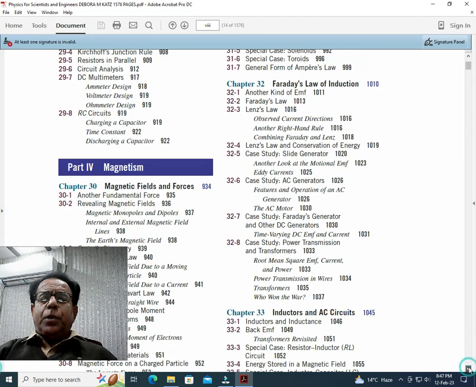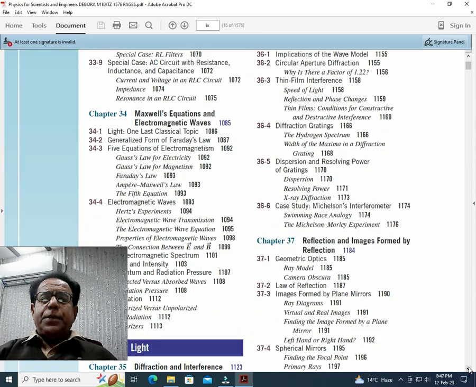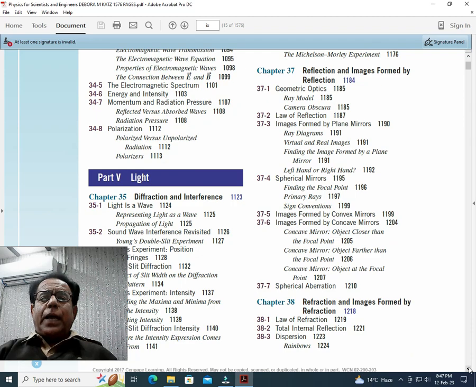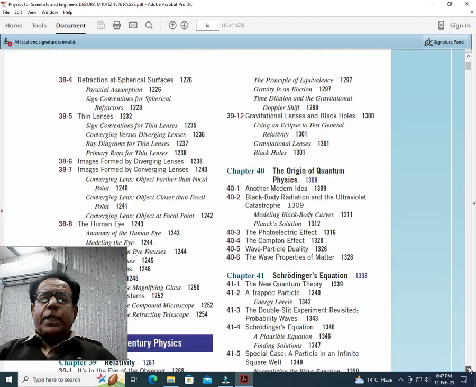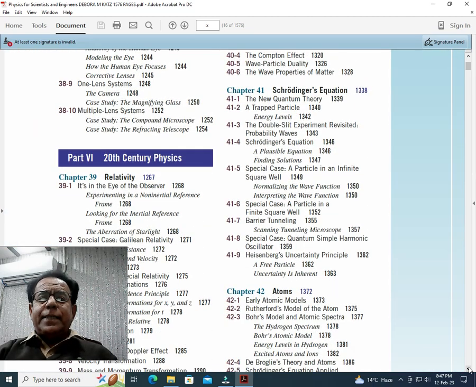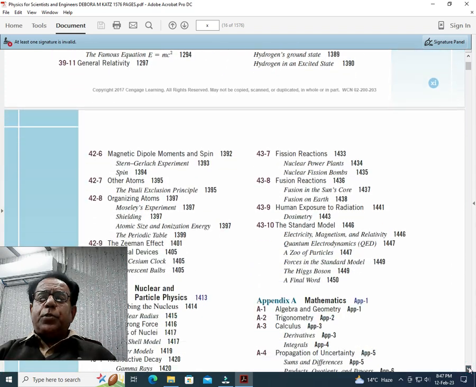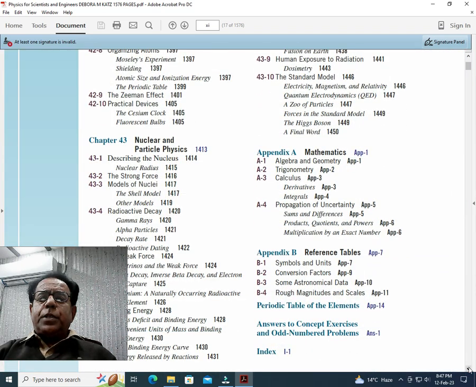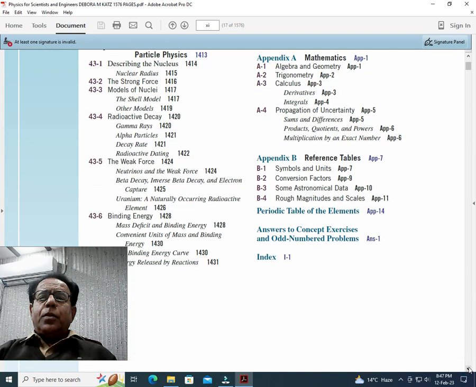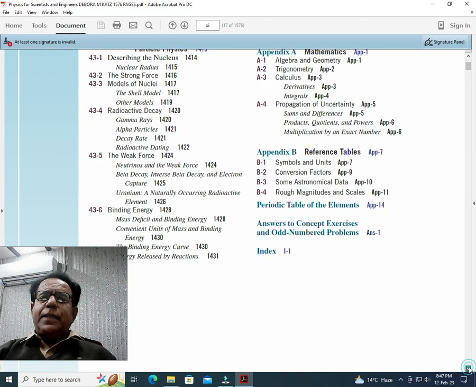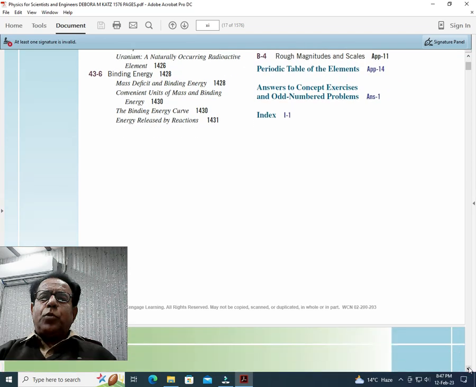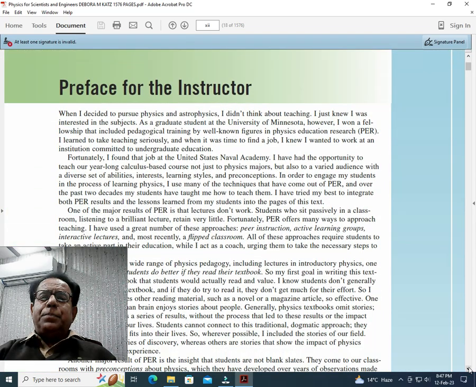Part 4 is about magnetism. Part 5 is about light. Part 6 is about 20th century physics, meaning modern physics. Chapter number 42, chapter number 43. Perhaps this is the last chapter, chapter number 43, and then the appendix begins.